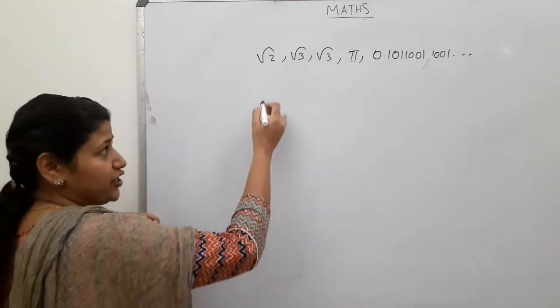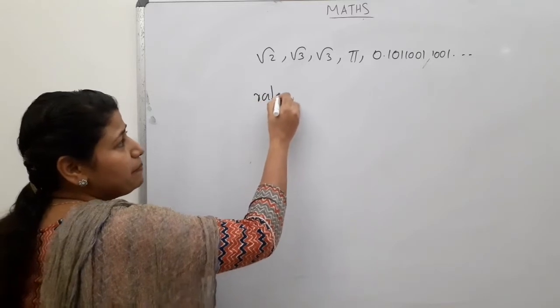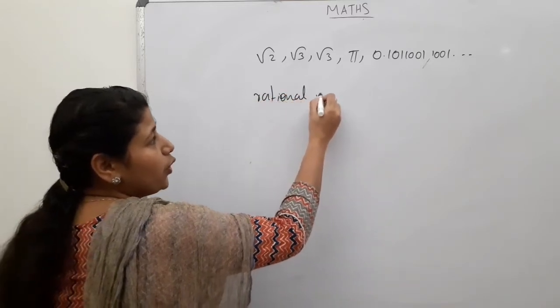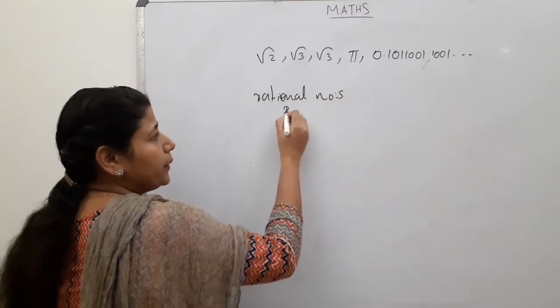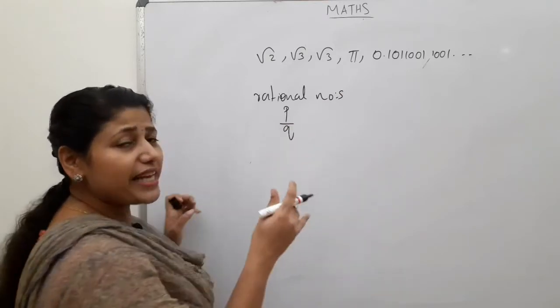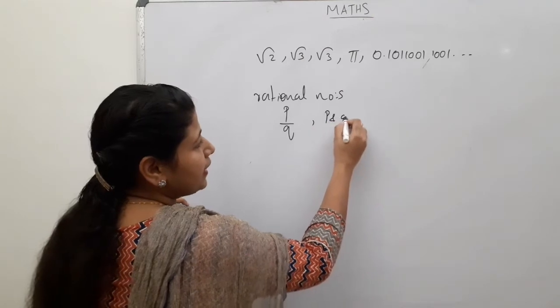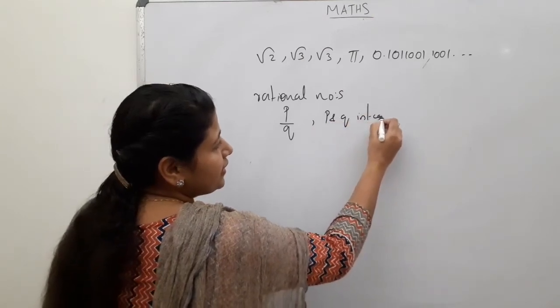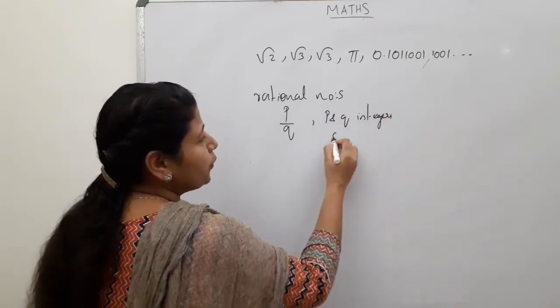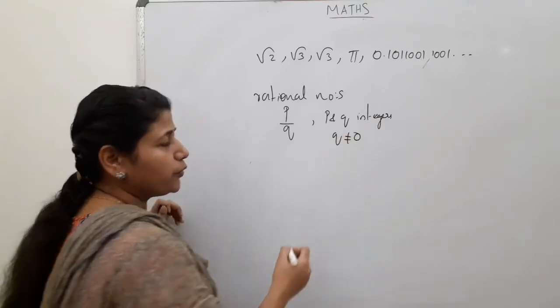Rational numbers are those which can be written in the form p by q, as a fraction, where p and q are integers, and one more thing, q cannot be equal to 0.